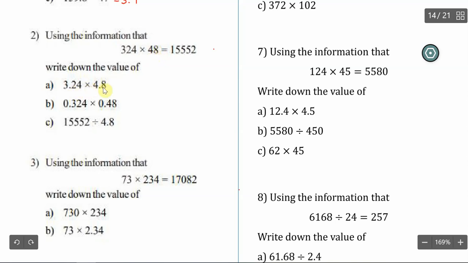So the overall effect on the answer is that because a decimal point has moved 3 times to the left, then it's going to move 3 times to the left in the answer. So if the decimal point moves from where it is now 3 times to the left, it will be there, and the answer will be 15.552.